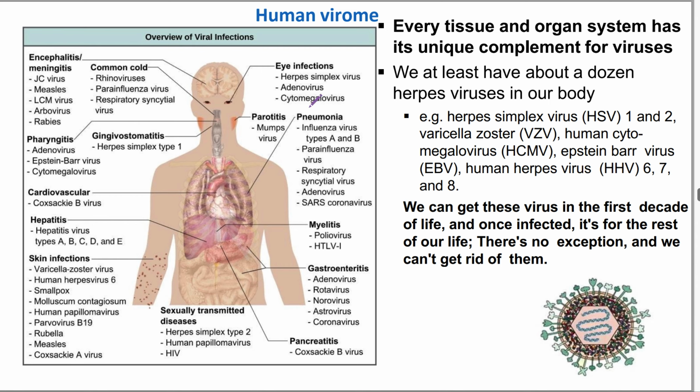So there are different types of virus that infect different tissues in the body. Every tissue and organ system has its unique complement of viruses. We have at least about a dozen herpes viruses in our body, and we can get these viruses in the first decade of life, and once infected, it is for the rest of our life. There is no exception, and we can't get rid of them.